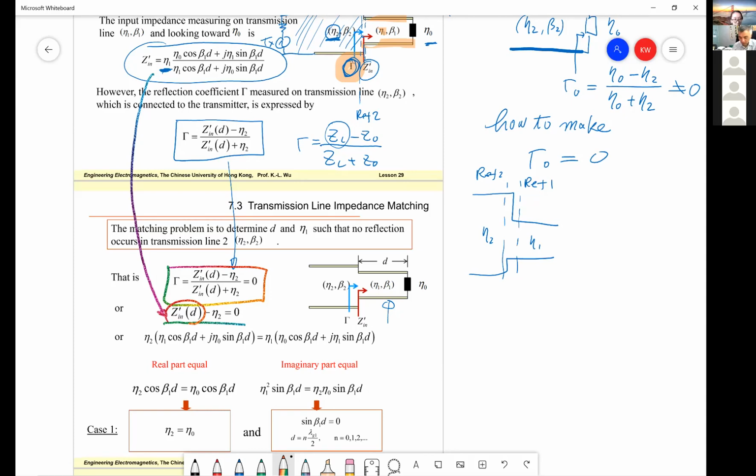If you don't mind, we spend a little bit more time. So that means eta 1 cosine theta, where theta is beta 1 times d, plus j eta 1.